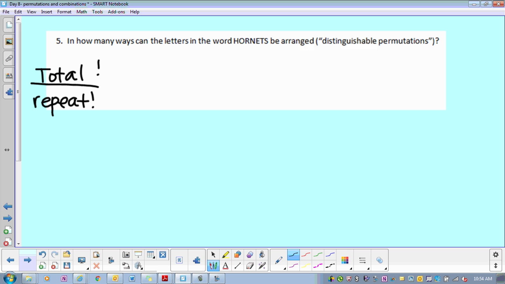So think about this. How many total letters are in this word hornets? 7. So you have 7 factorial divided by, are there any repeats? No? Oh, so then it's really not a fraction at all. It's just 7 factorial, which is what?